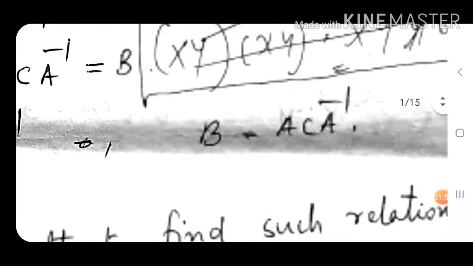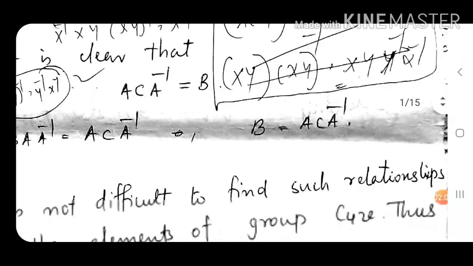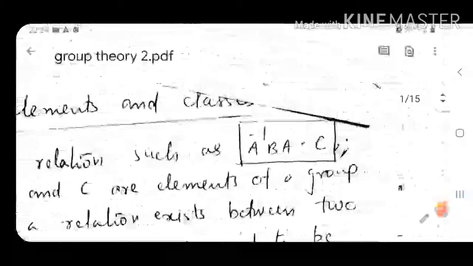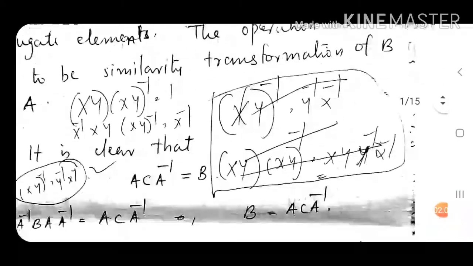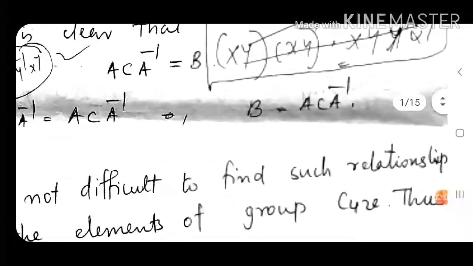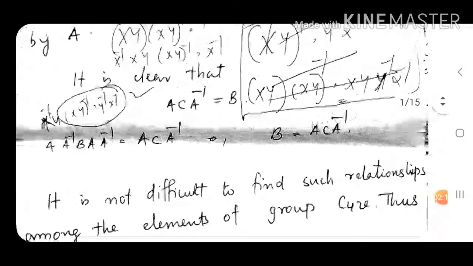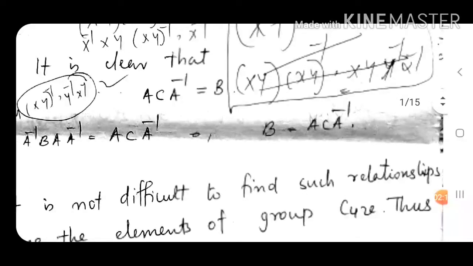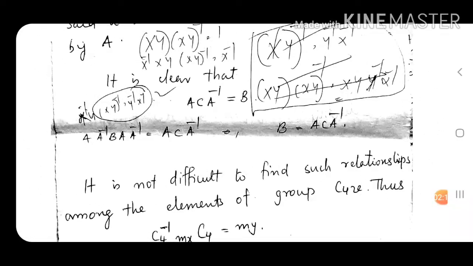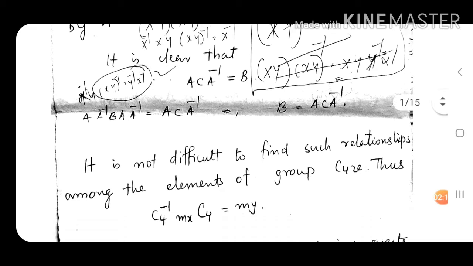So B is now ACA inverse. So from the relation A inverse BA equal to C, I can get B equal to ACA inverse, and we say B and C are conjugate elements, or conjugate to each other.